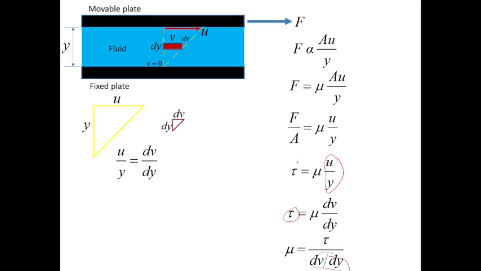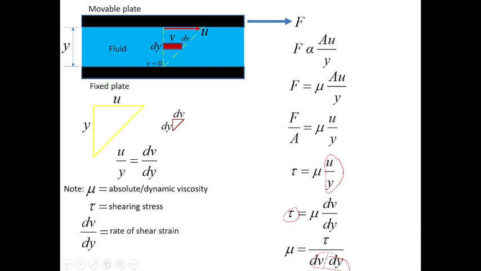So, anong tawag natin sa dv over dy? So, mu ay absolute or dynamic viscosity. Ang tau ay shearing stress. Ang dv over dy ay rate of shear strain. Okay? Rate of shear strain.